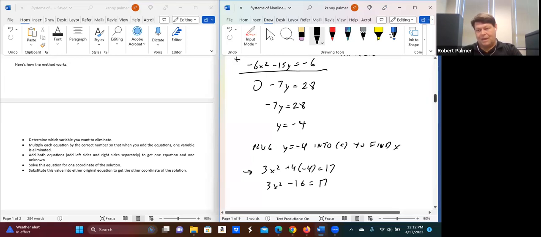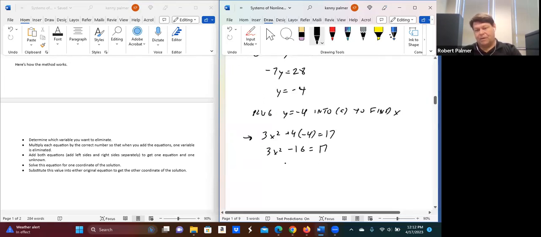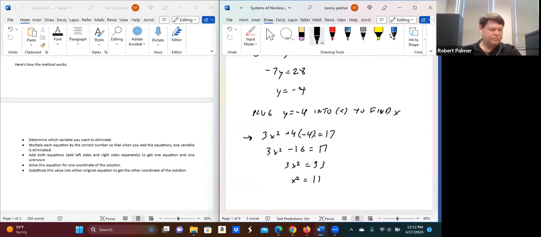All right, add 16 to both sides. So we have 3x squared is equal to 33, I guess. And then, of course, divide both sides by 3. x squared is equal to 11. So that's right, I believe it is.